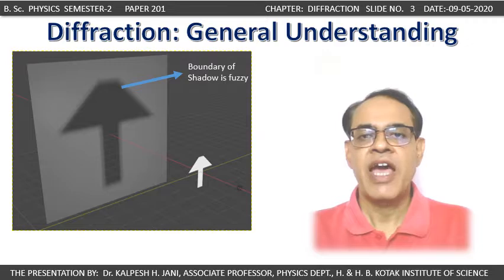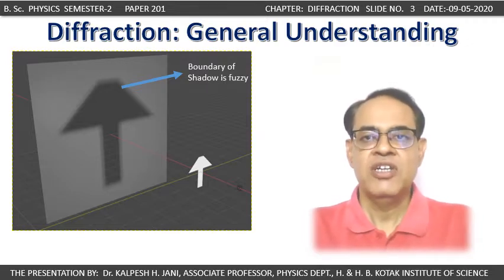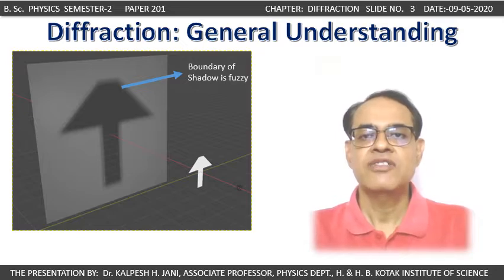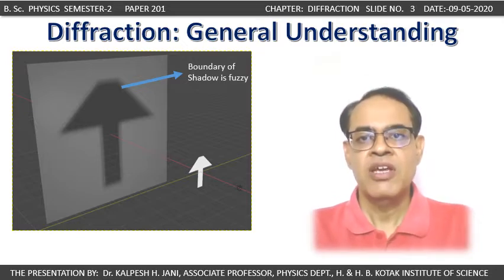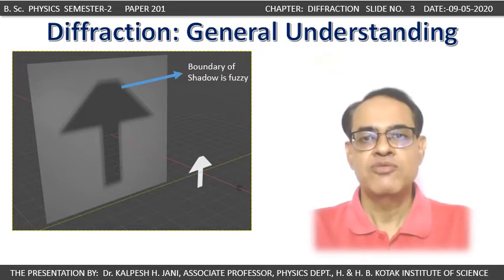Okay, but we can eliminate these two reasons in this case. We can have a single source of light. Suppose we take only a point source of light, and that too a source which is emitting only a single wavelength of light, and we take the object to be having very sharp edges.